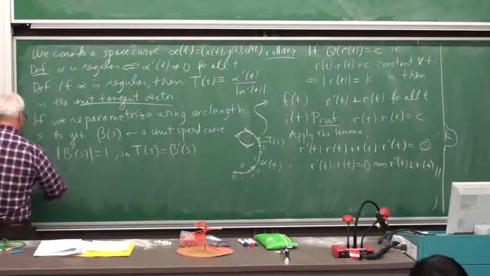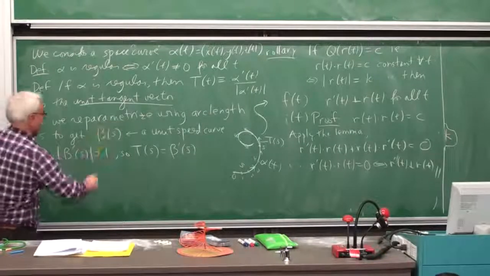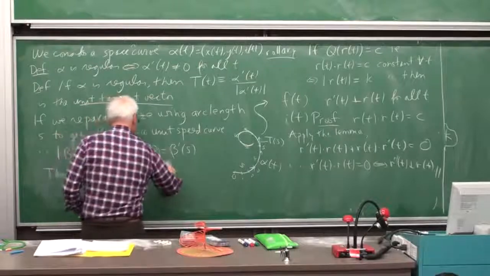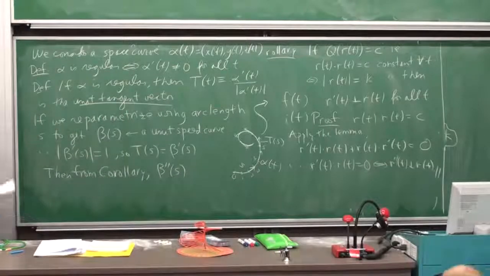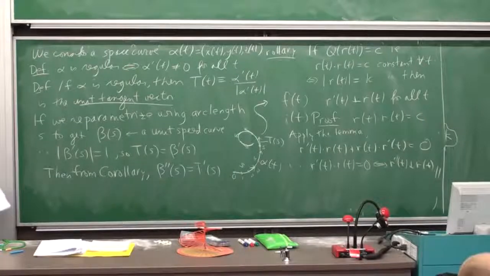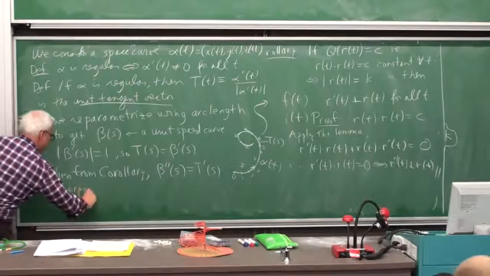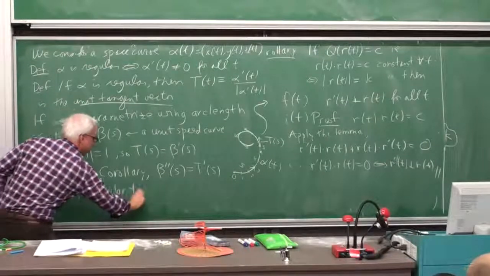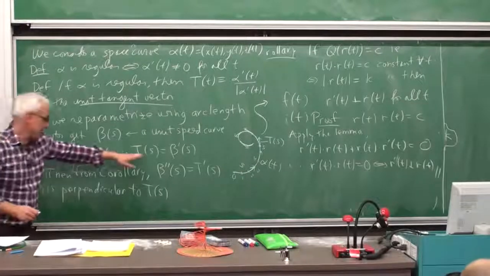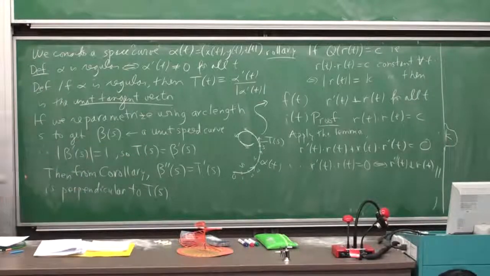So then from our corollary, beta double prime of S, which is the same as T prime of S, is perpendicular to T of S. All right, so our lemma says that if we have a vector function which always has the same length, in this case T of S always has length 1, then its derivative is going to be perpendicular to itself.